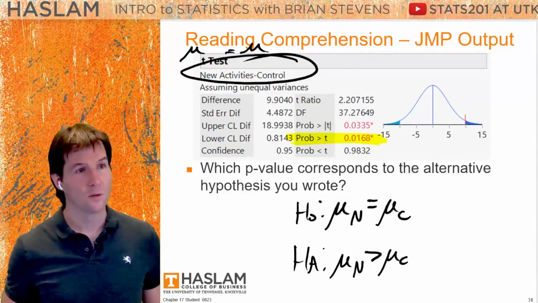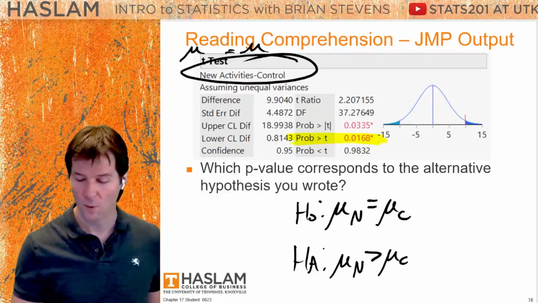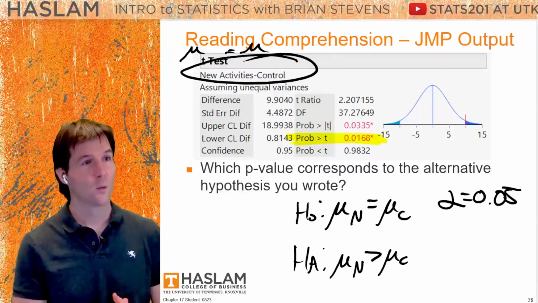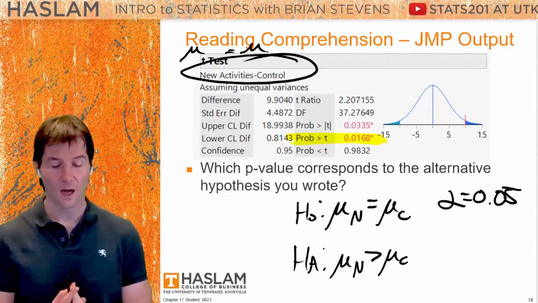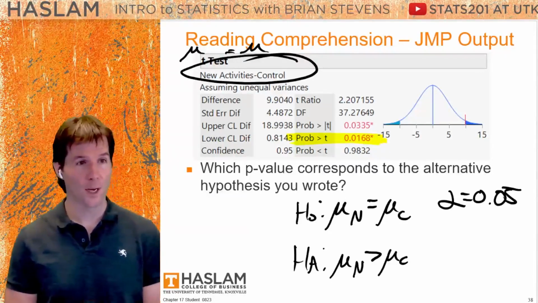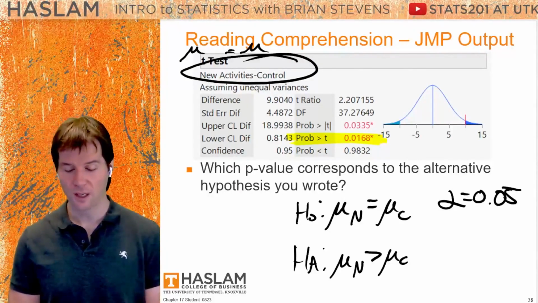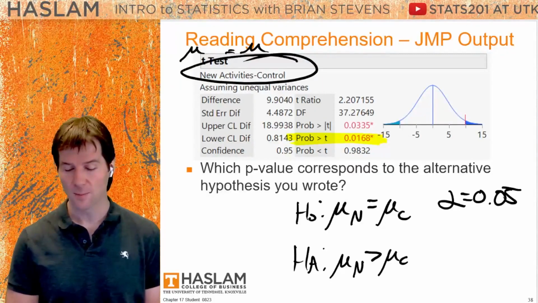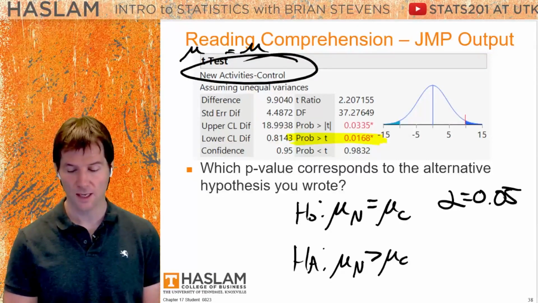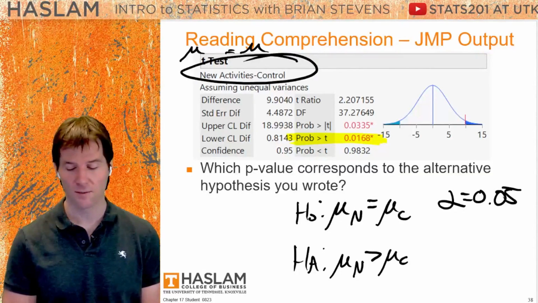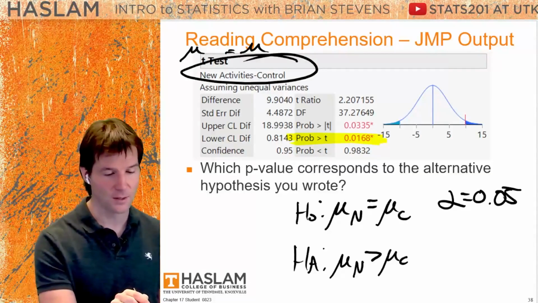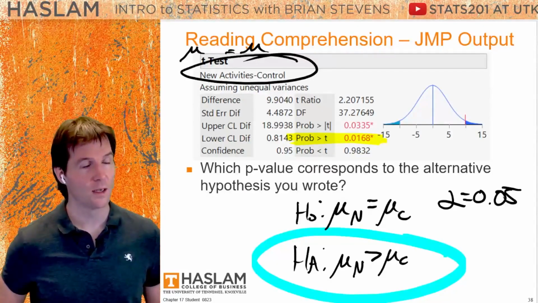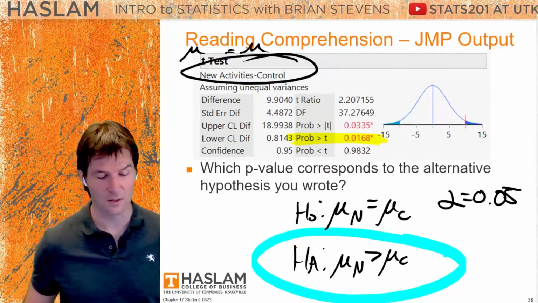So now, running the statistics with a 0.05 alpha, we would say, I reject the null hypothesis that the true mean for new activities and the true mean for the control are equal, because my p-value of 0.0168 is less than my alpha of 0.05. This means I have evidence that the mean for new activities is greater than the mean for the control activities.